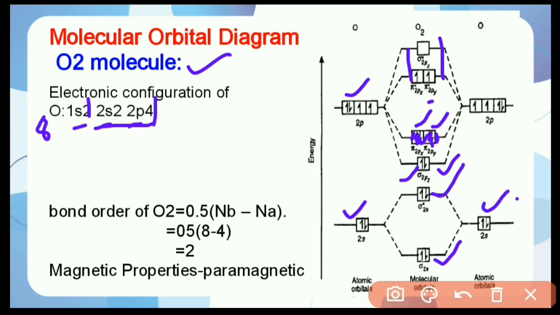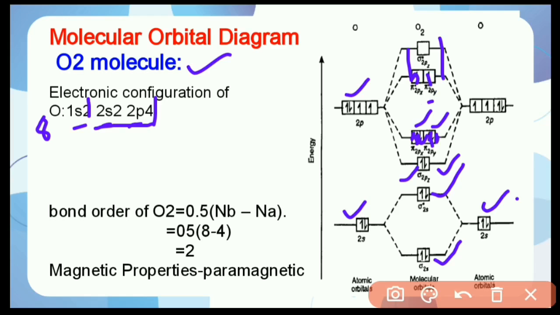In the 2p orbital only one electron is left. So in pi star 2px, fill 1 electron, and from the other oxygen fill 1 electron. So for pairing, no extra electron is present.